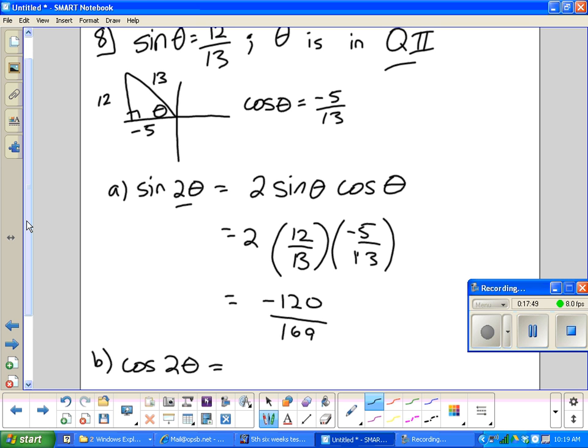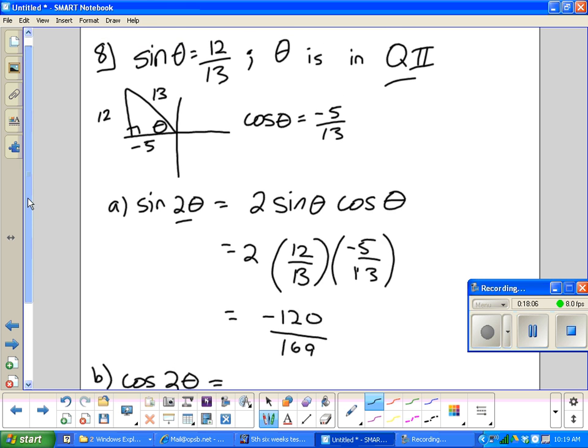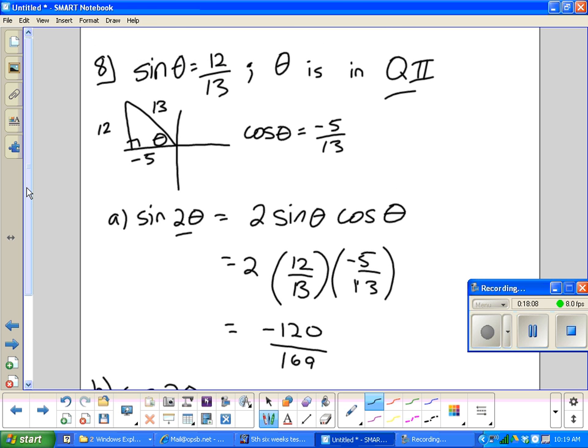The second one says 2 cosine squared minus 1. The third one is 1 minus 2 sine squared. So why do you think I'm going to say the third one is a better one to go with here? Look at the very beginning of the problem.